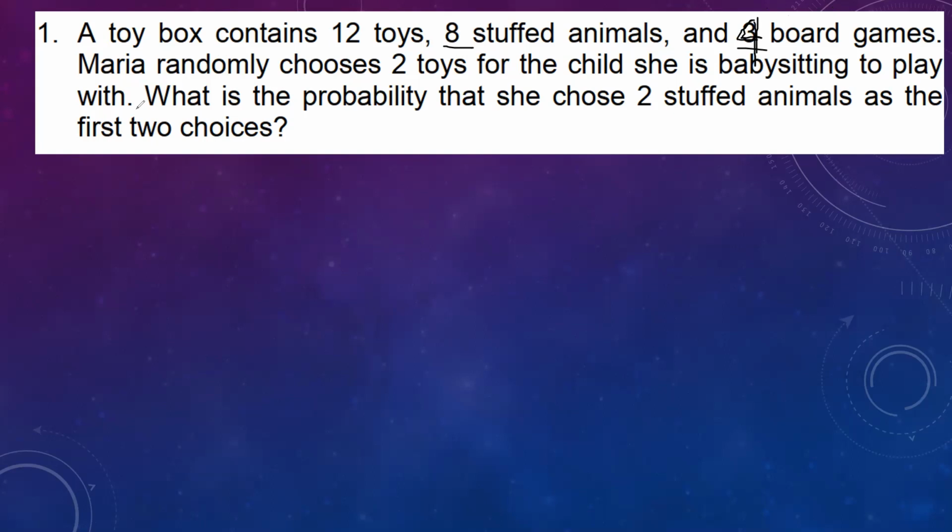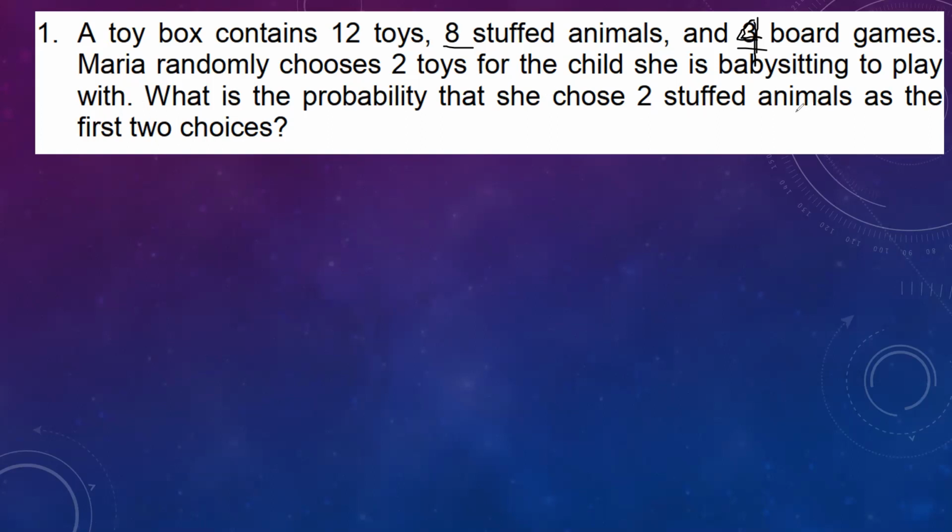Sa palagay nyo, ibabalik pa kaya ni Maria kapag kinuha niya o hindi? Palalaro niya raw. Hindi na ibabalik. Technically, hindi na ibabalik. Okay? So, ang gusto niya ay parehong stuffed animal.